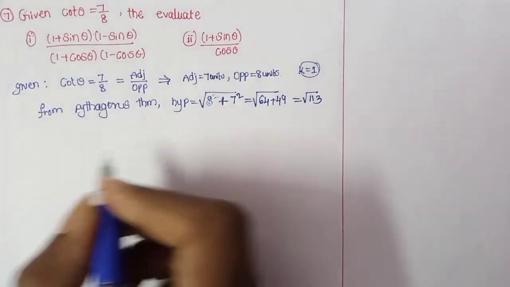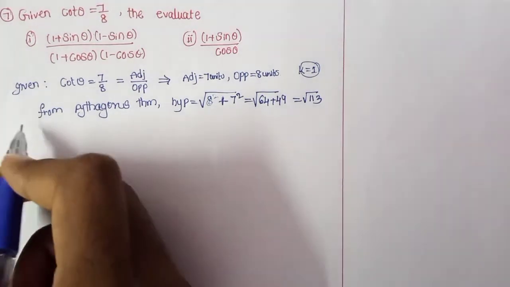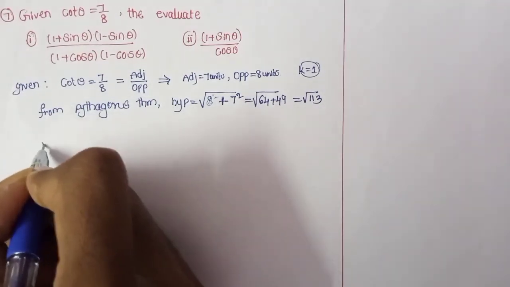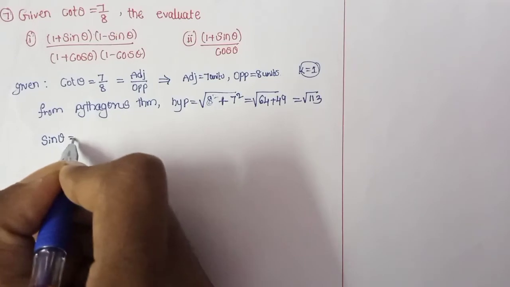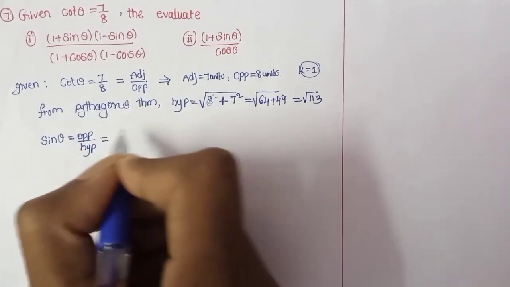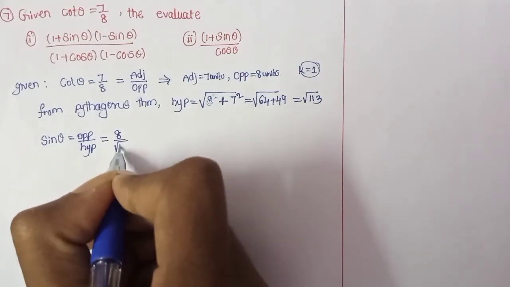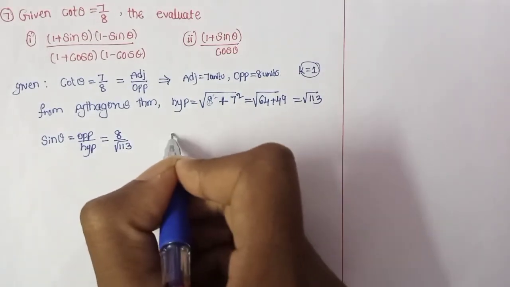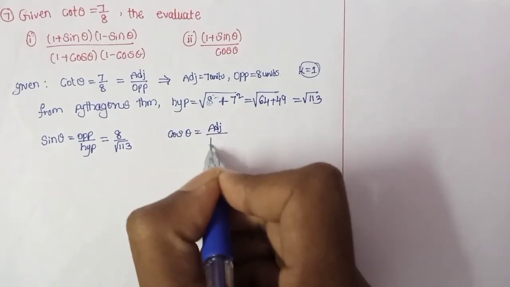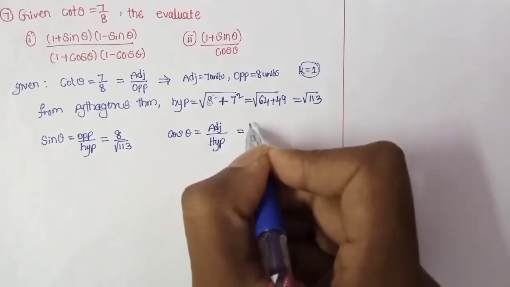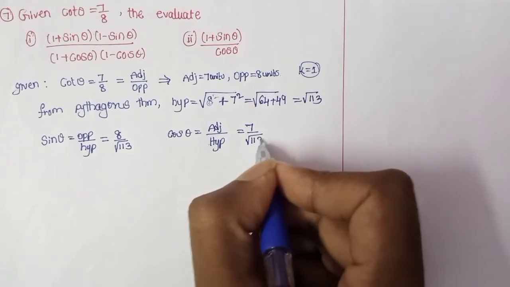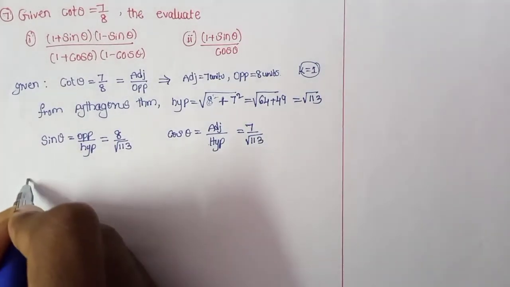This is the hypotenuse we calculated. So what is sine theta? What is cos theta? Let's quickly calculate. Sine theta is equal to opposite side by hypotenuse, that is 8 by under root 113, and cos theta is adjacent side by hypotenuse. Adjacent side is 7, so 7 by under root 113. And let us come to the problem.